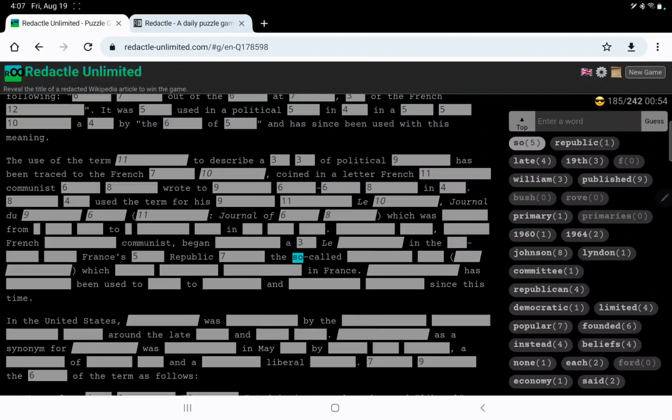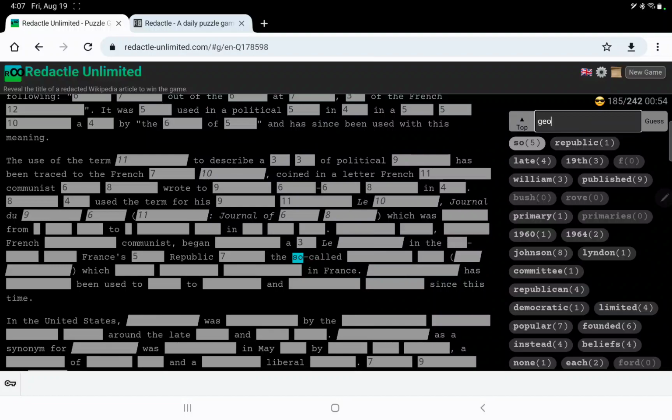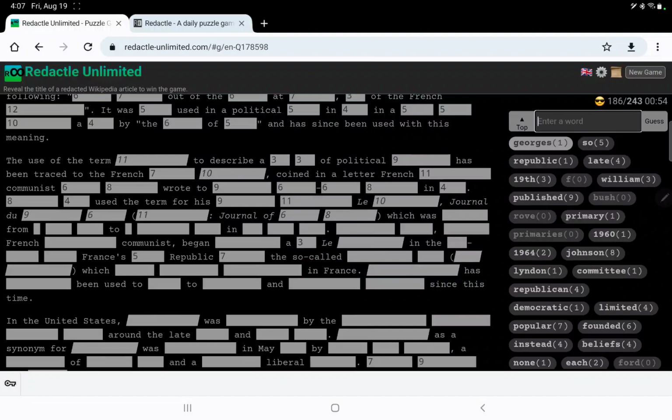To describe a 3/3 of political 9 has been traced to the French something, and then just a 10-letter word coined in a letter French something communist 6/8 wrote to. Let's try Georges.